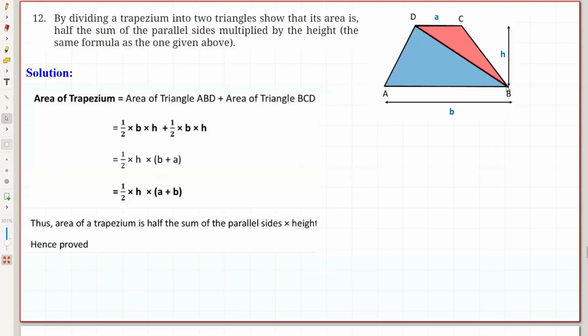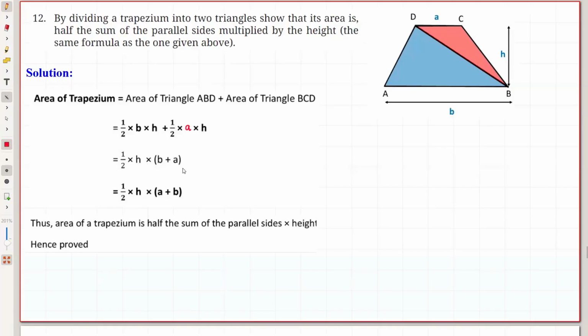For the triangle BCD, the base is a. So for the two triangles, one is 1/2 base into height, and the other triangle, in red color, is 1/2 base a into height. Now for both, h is common. Take it outside, so the balance is b plus a.